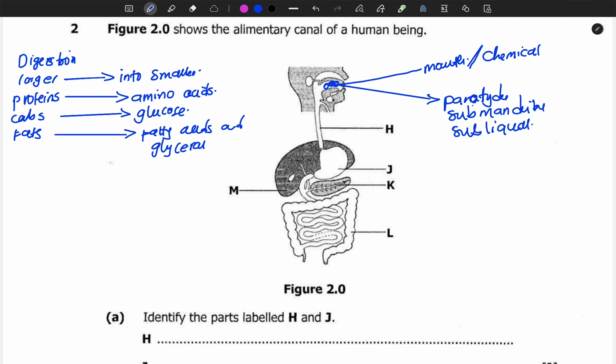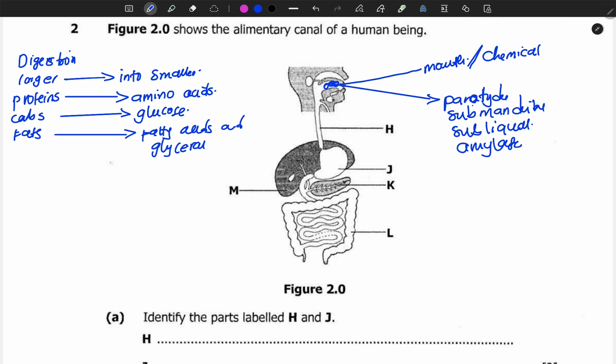So what are the importances of saliva? Saliva has several importances, of which it contains enzymes that start the digestion of carbohydrates in our mouth. Remember, digestion of carbohydrate begins in our mouth, and the enzyme responsible is amylase.